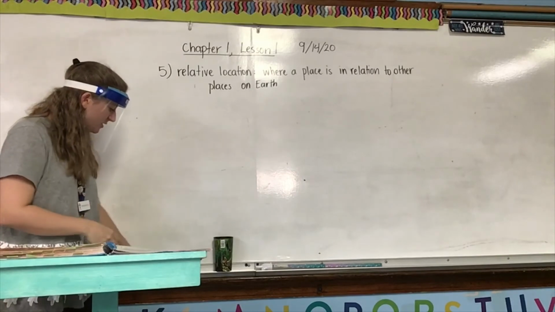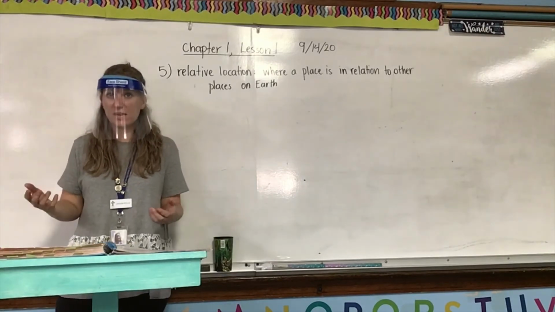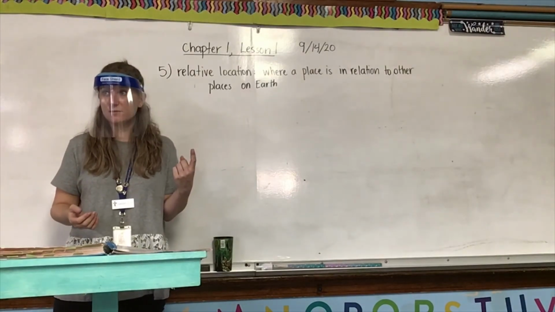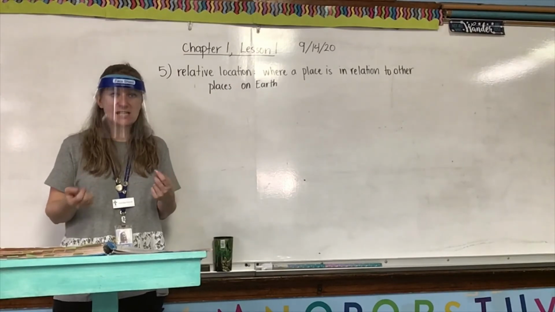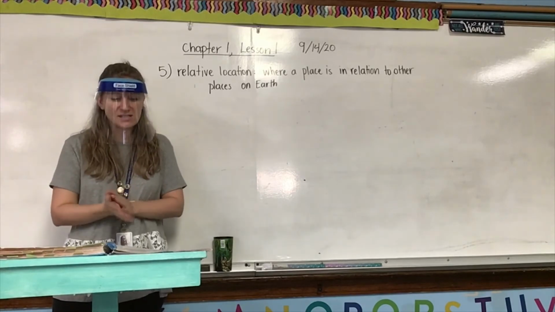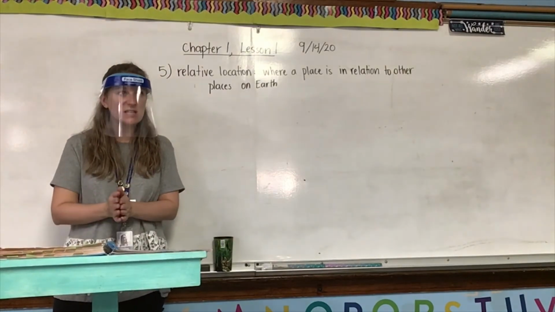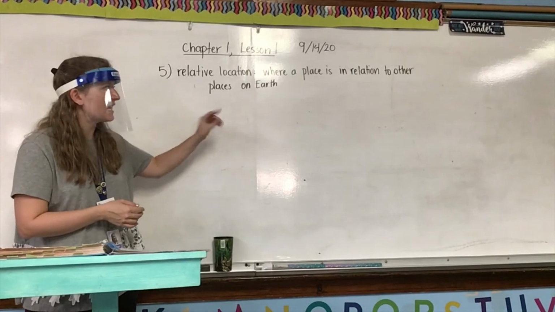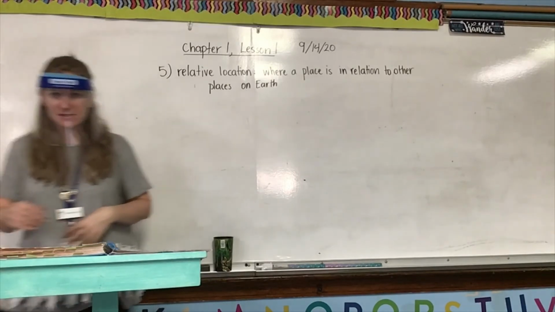So we've already learned how to say where the United States is based on the hemispheres. We've learned how to say where the United States is based on continents. Now we're going to learn how to say where the United States is based on relative location. So where is it in relation to other places?